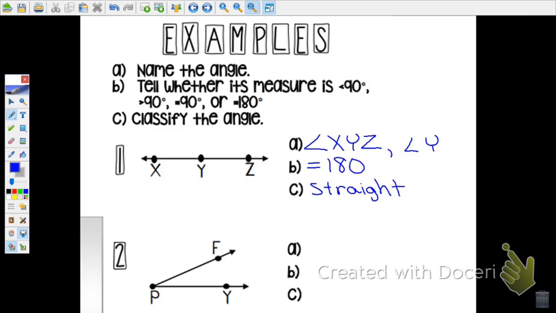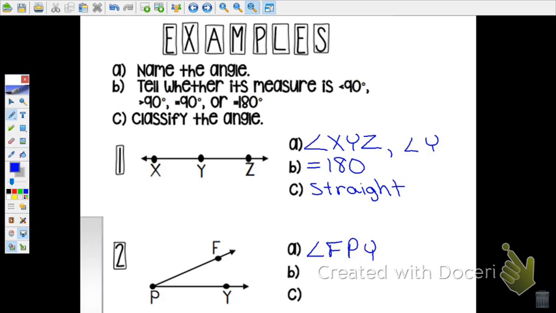Number 2, what are we going to do to name angle 2? What did you use, Bailey? Angle FPY. Very good. We can just trace the angle so that P has to be in the middle, or we could switch it to YPF.